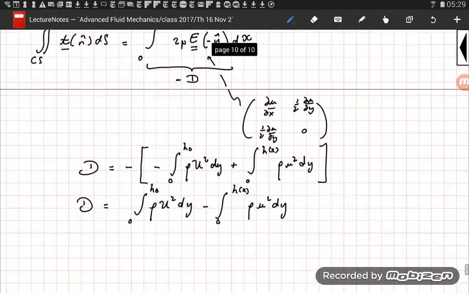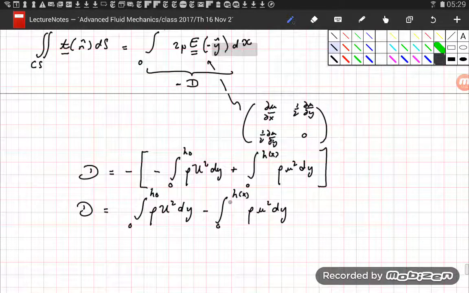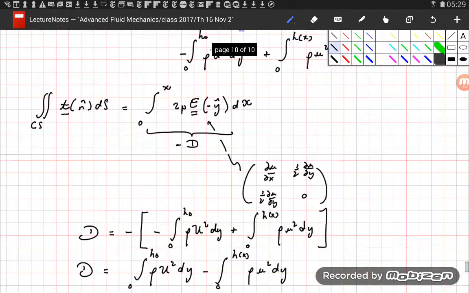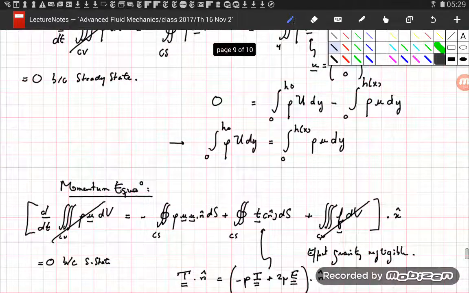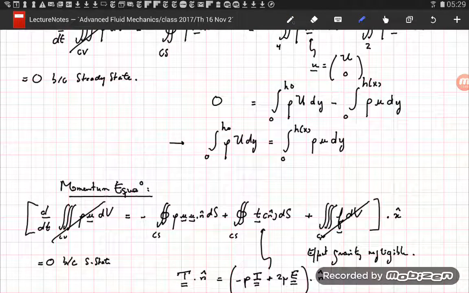Right? And here what we want is to have the same bound for the integral. That would make this whole expression easier, and we can do this by using the mass conservation. So if you remember from the mass conservation, we have this here. Let me just copy it.